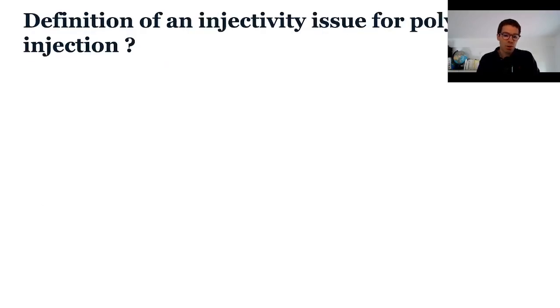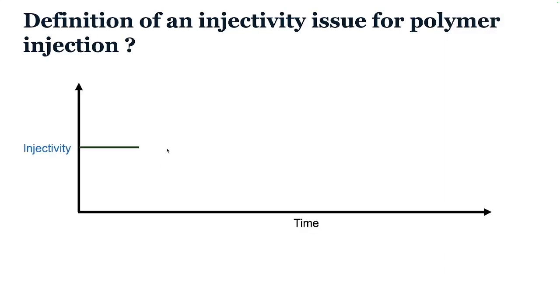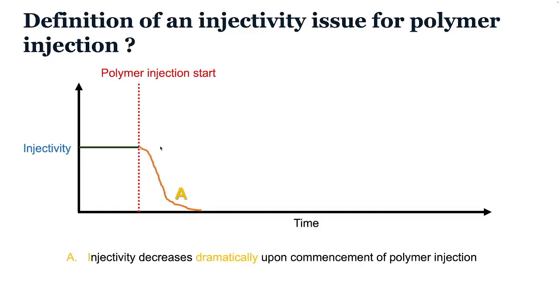So what could be the definition of an injectivity issue for polymer injection? So there might be the case where you have the water baseline and now you start injecting your polymer. So the first thing that you might see is injectivity will decrease dramatically upon commencement of polymer injection, and this is of course something that you don't want to see or you need to understand very fast.